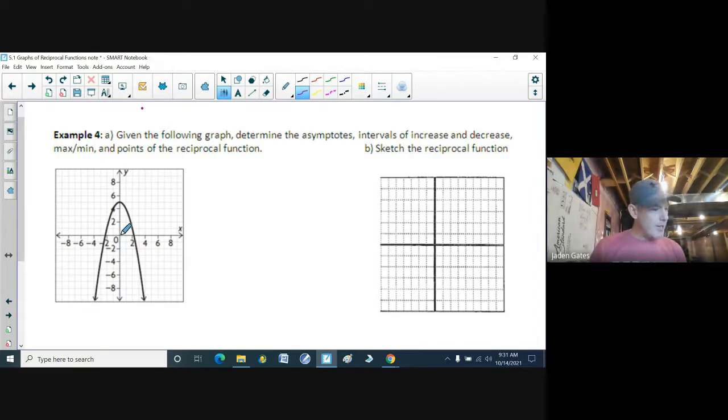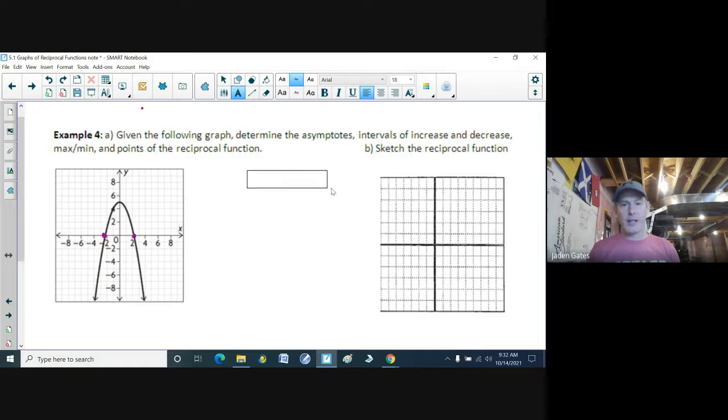It says the x-intercepts of the original function are vertical asymptotes of the other. Well, I've got 2 x-intercepts. And so for my reciprocal, I would be looking at the fact that I have a VA at x equals, I want to say 2.25, just an estimate there.